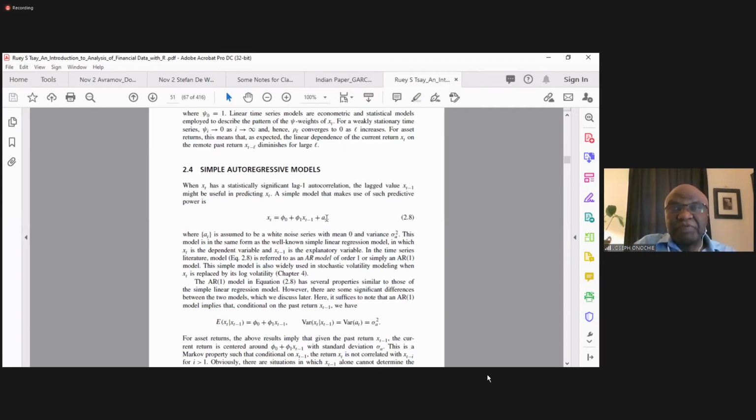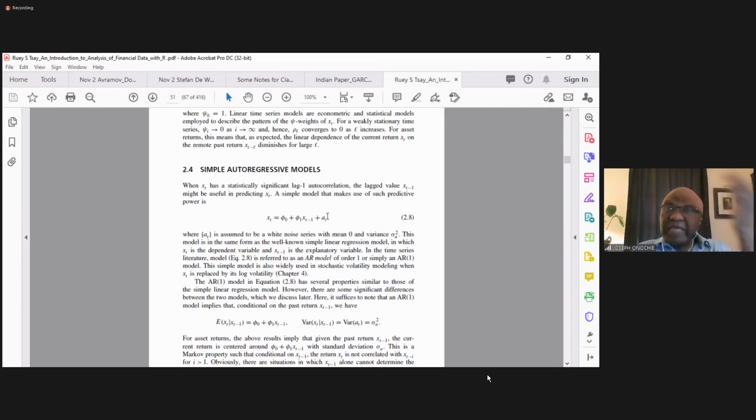So if IBM's returns over 10 years, day by day, are a white noise process, then we say this left-hand side is equal to nothing, nothing, nothing plus a_t. So x_t will be equal to a_t. So x_t is a white noise process.